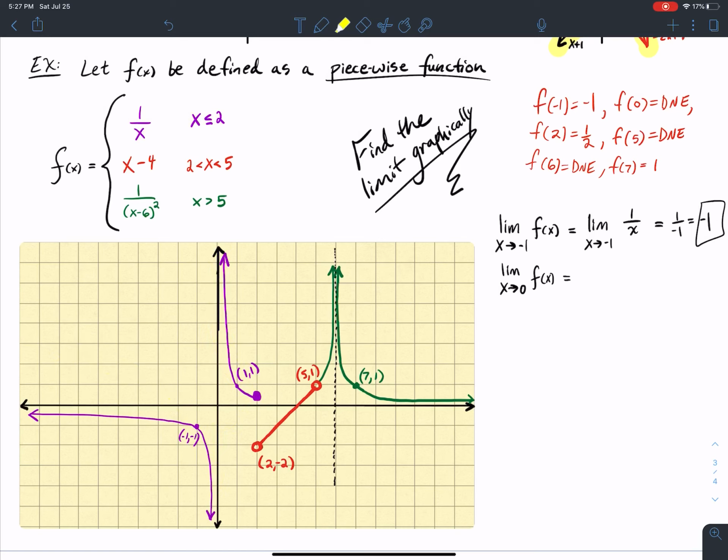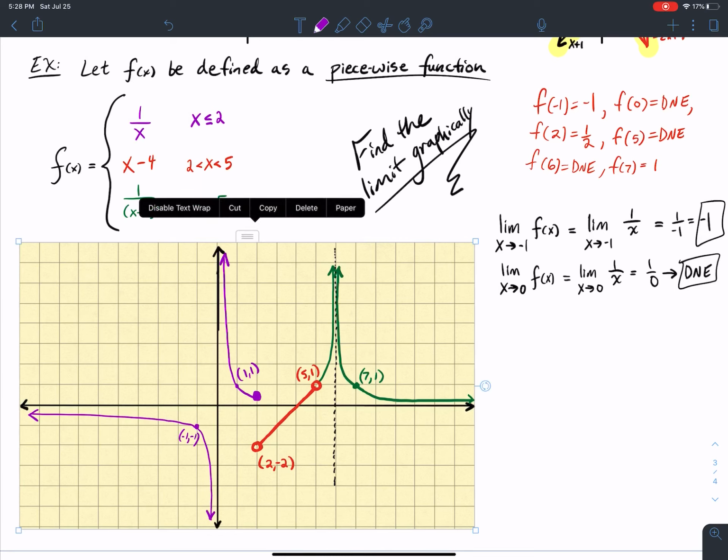How do I know? x near 0 is going to be values of x that are less than or equal to 2. And so that's 1 over x. If I plug a 0 in, guess what? Everything just falls apart, right? 1 over 0 does not exist. So this limit does not exist here, okay?